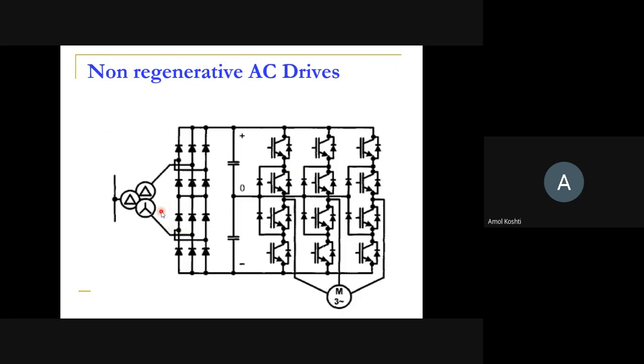We can incorporate any topology here for controlling, or to drive this AC motor in the AC drives. Based on the input connection, it can be star connected or delta connected. So based on this, the input is connected here, and this AC drive is driven on it.